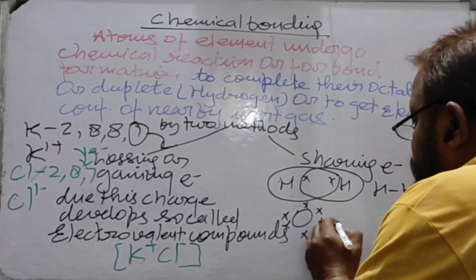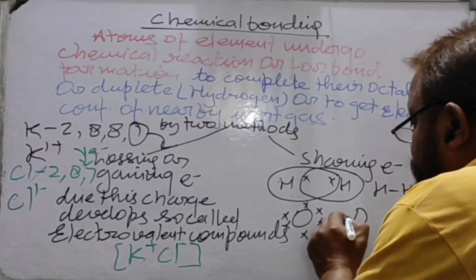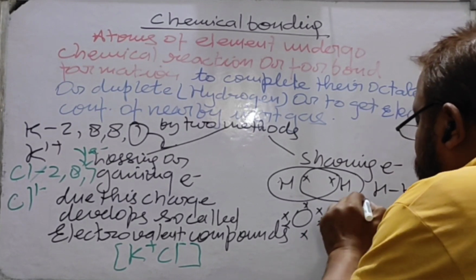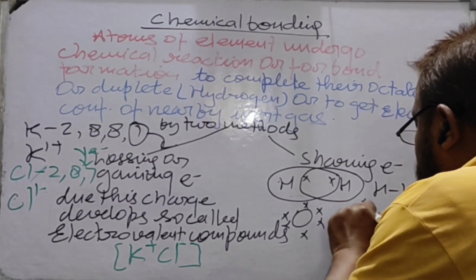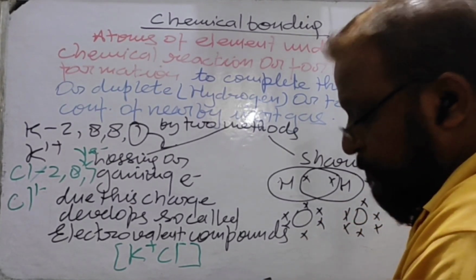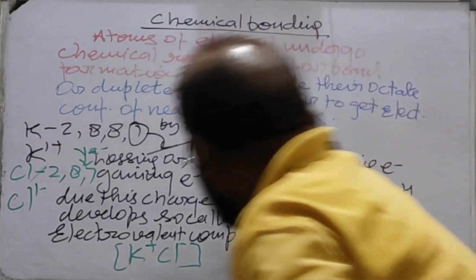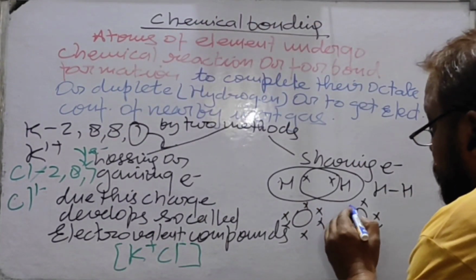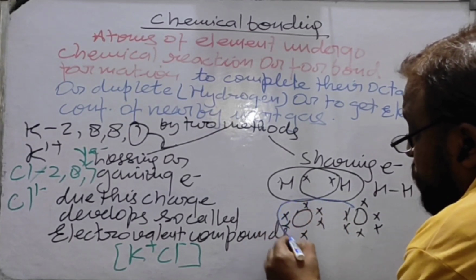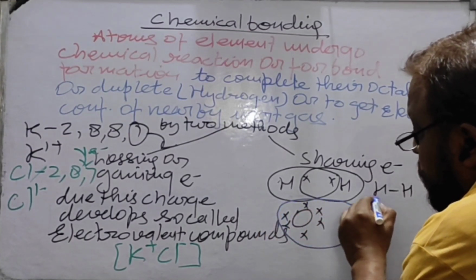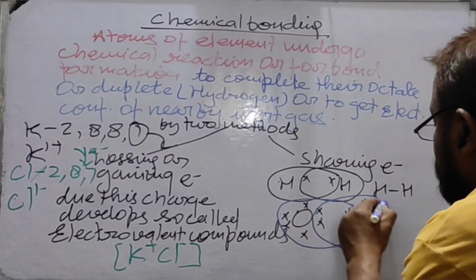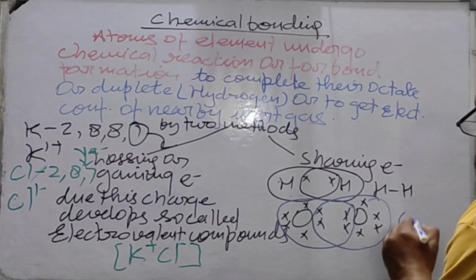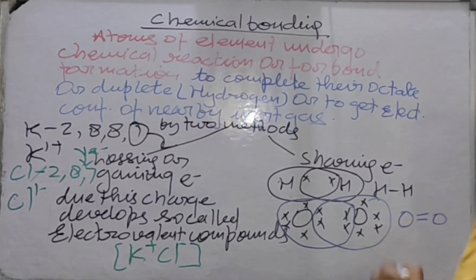Oxygen has 6 electrons in its outermost shell, so both oxygen atoms share two electrons among them and form an oxygen-oxygen double bond.